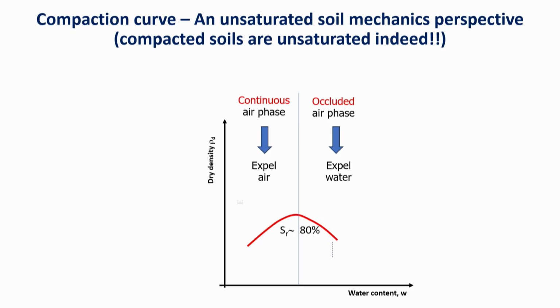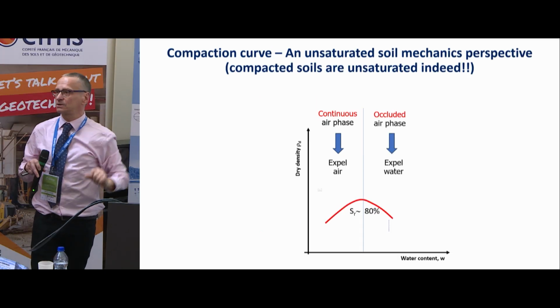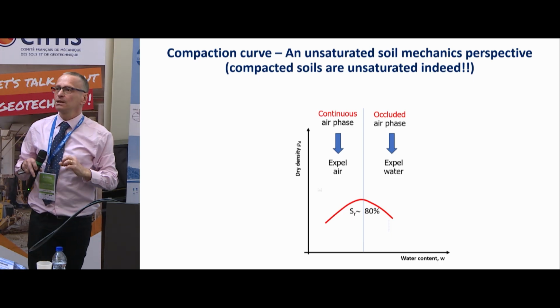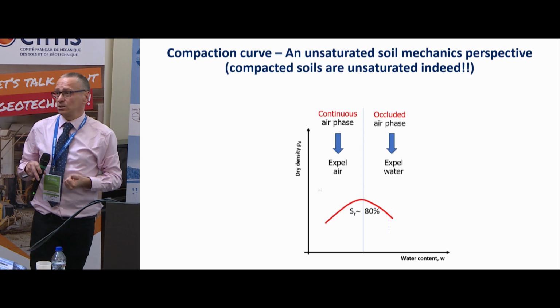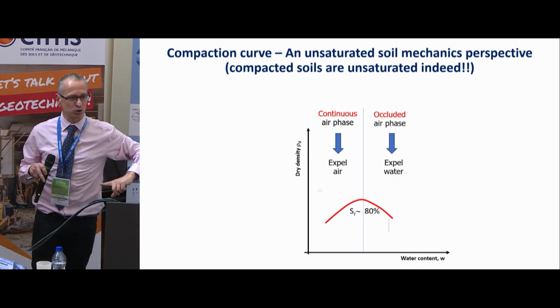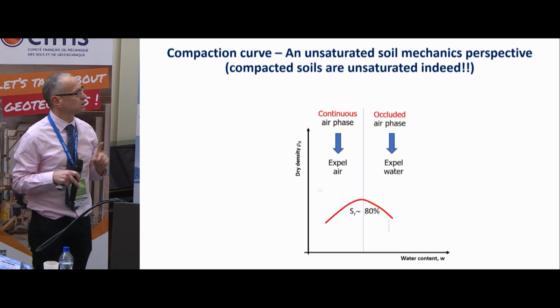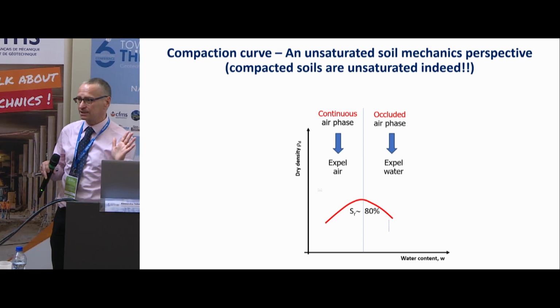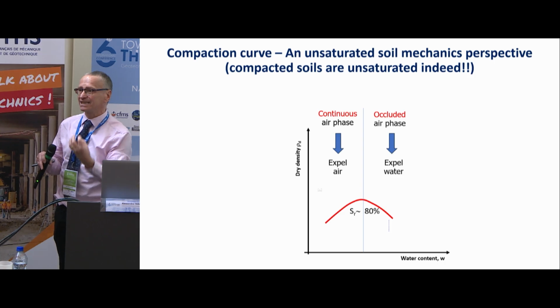If you have a continuous air phase, you are reducing the volume by expelling air, because the air can go out. But where you are on the wet of optimum, you need to expel the water, not the air, because the air is occluded. So you need to chase the water out. So the mechanisms by which the soil becomes denser are entirely different in terms of pore fluid that needs to be displaced.